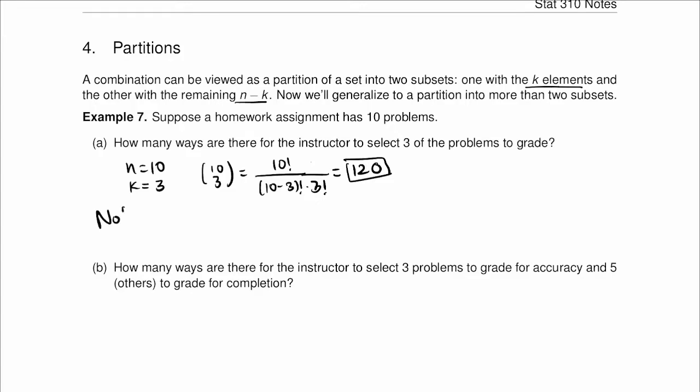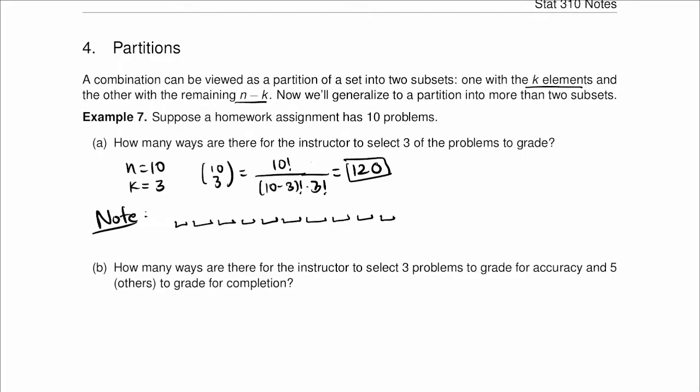Note here that what we are doing in the exercise is we have 10 boxes, 1, 2, 3, 4, 5, 6, 7. We have 10 boxes that are the problems, and we are selecting 3 of them.